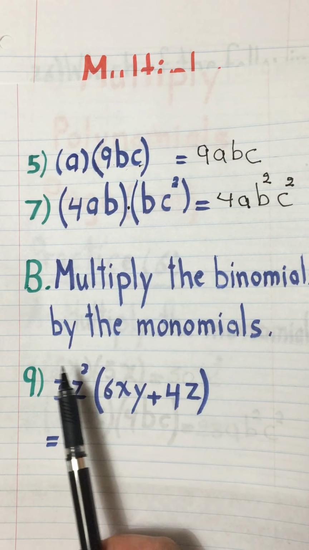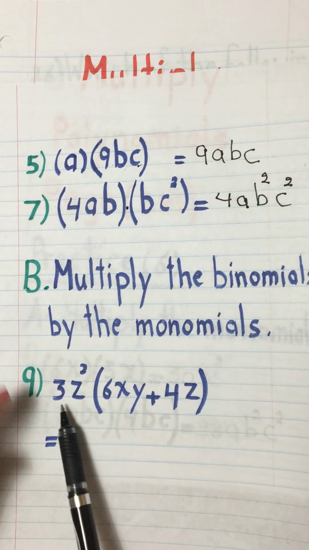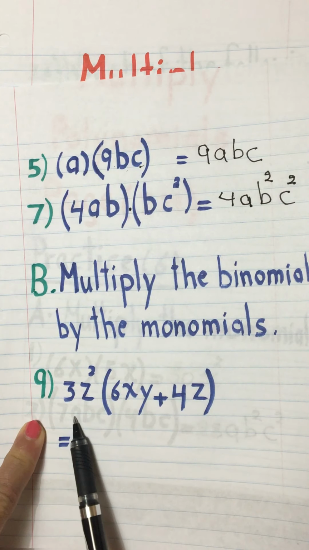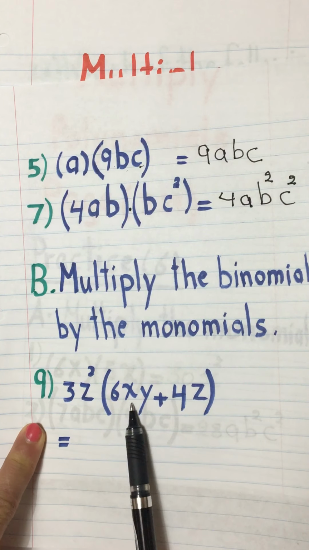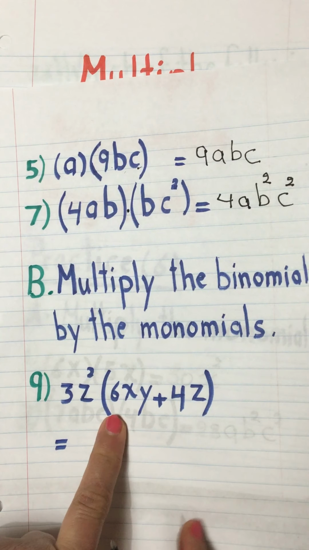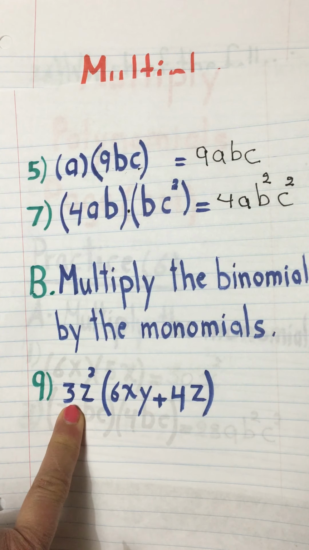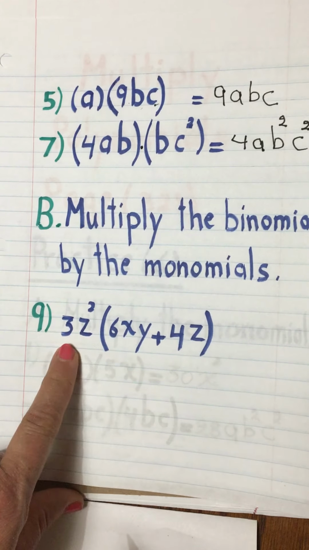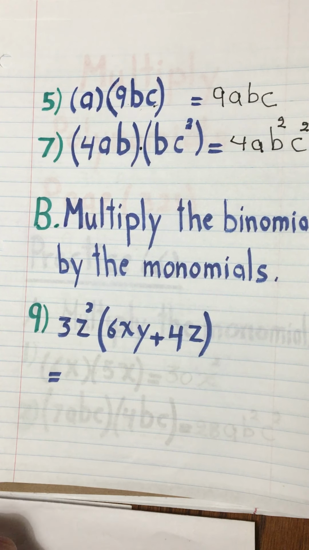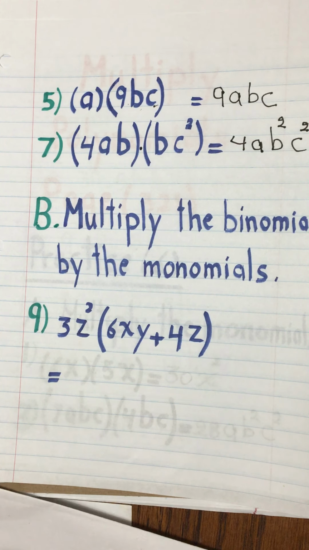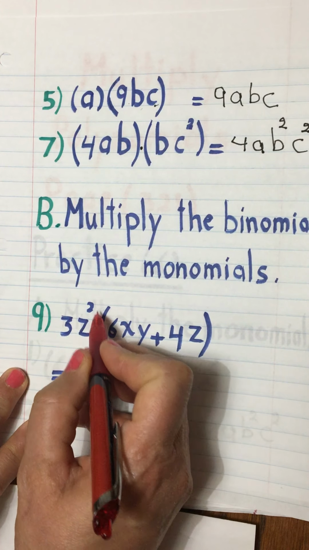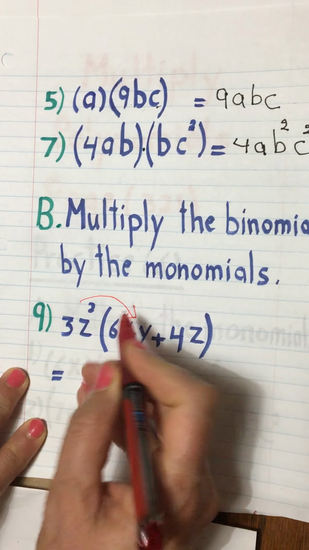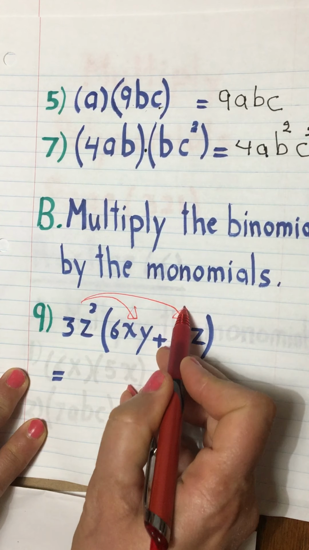Multiply the binomials by the monomials. This is one term, it's a monomial. And if the polynomial has 2 terms, I can call it a binomial. So this is a binomial and this is a monomial. So I'm going to multiply 3z squared. The first step, I'm going to distribute 3z squared, multiplied by the first term and multiplied by the second term.